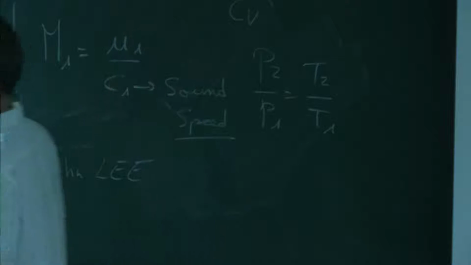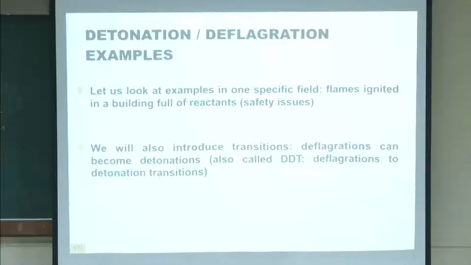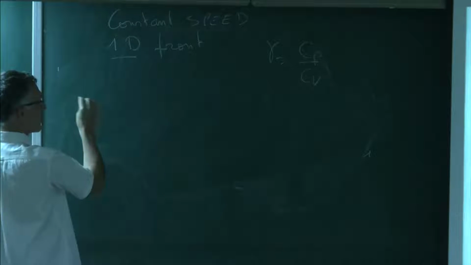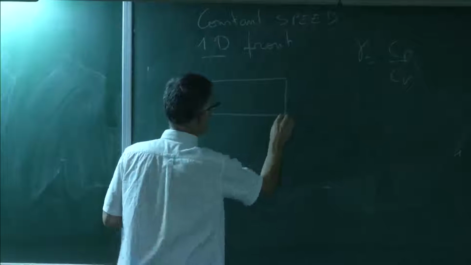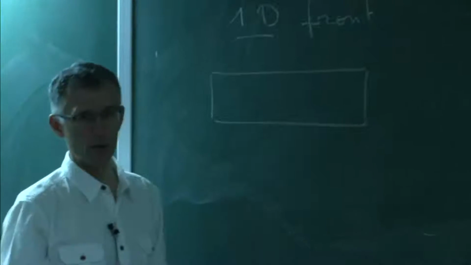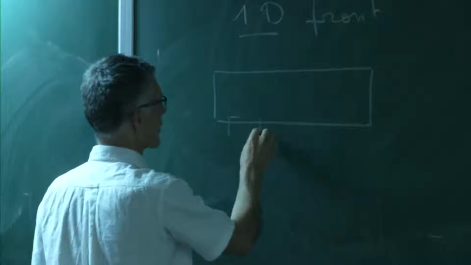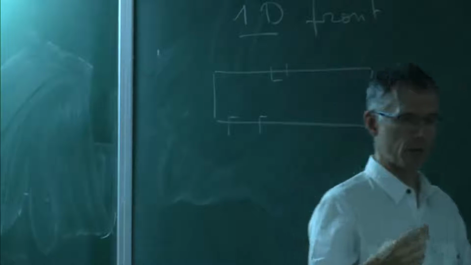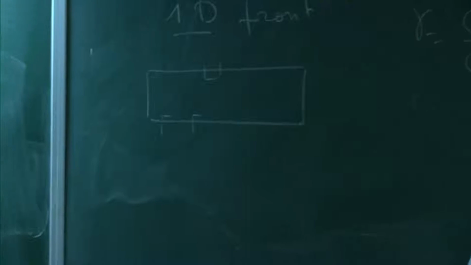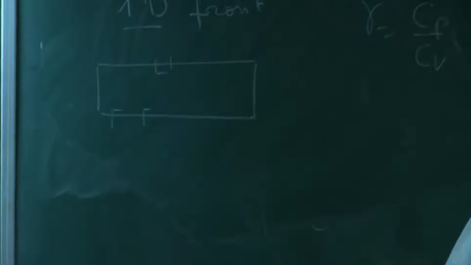You take a building, and you assume there is a leak somewhere. It's not difficult to assume that, because in many places, especially in oil refinery systems, if you take a big building like this one, and you look at how many valves and connectors you have in this building, and you multiply by the probability of one of these systems leaking, you find out that in most refinery systems, there's always something leaking somewhere.